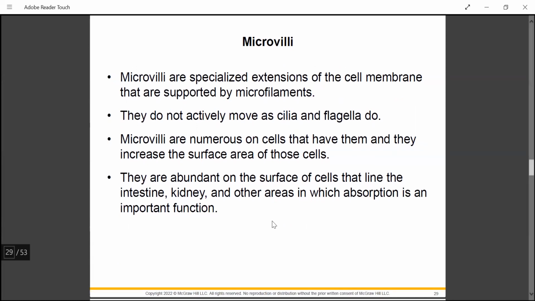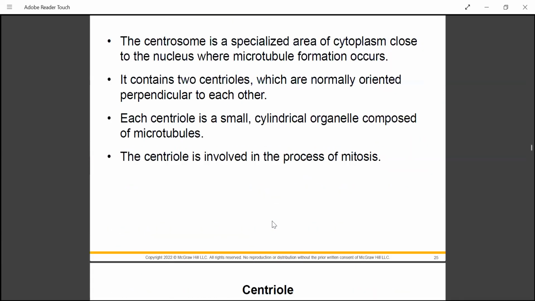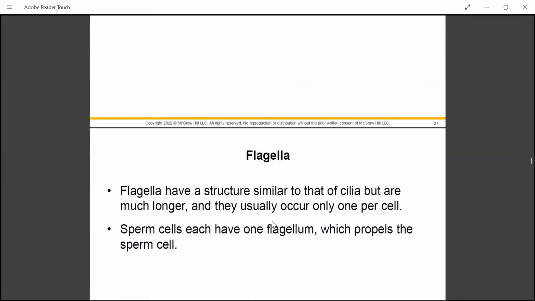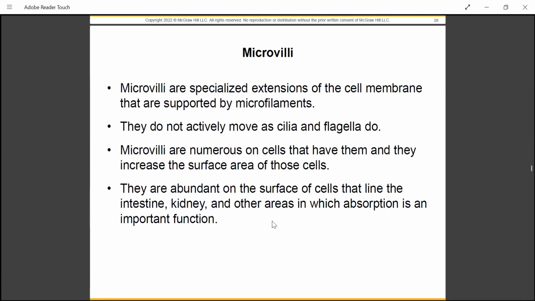Our next example here is microvilli, and these are specialized extensions of a cell membrane that are also supported by microfilaments. They're not actively moving like cilia and flagella, but the main job is to increase the surface area. Think of microvilli as little hills all over the top of a cell.